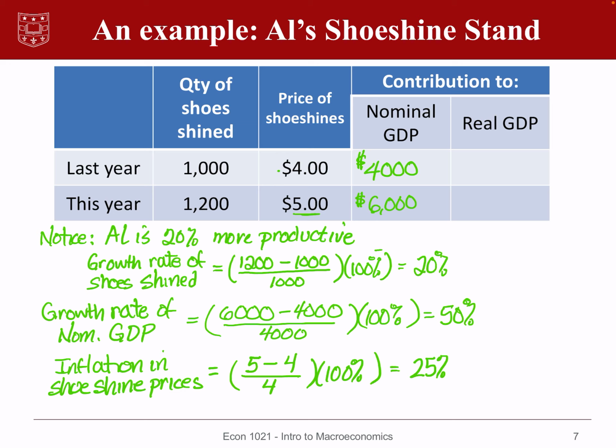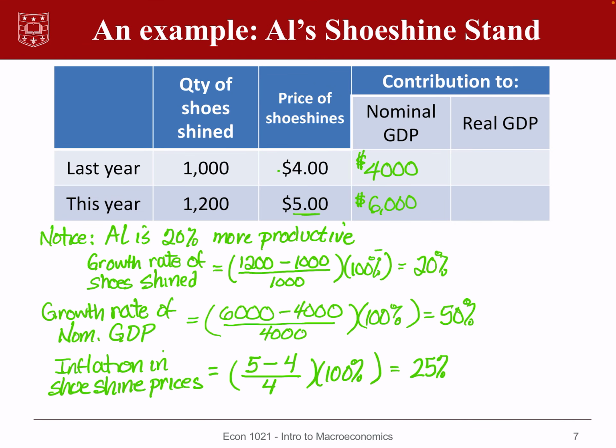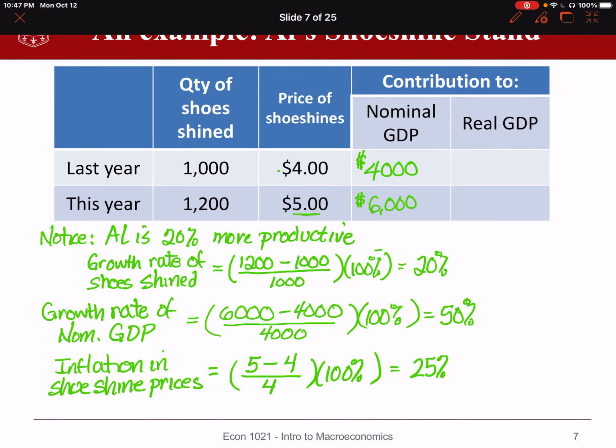And so when we observe this growth in gross domestic product, it is problematic because we're confusing or conflating the effects of both prices and output.